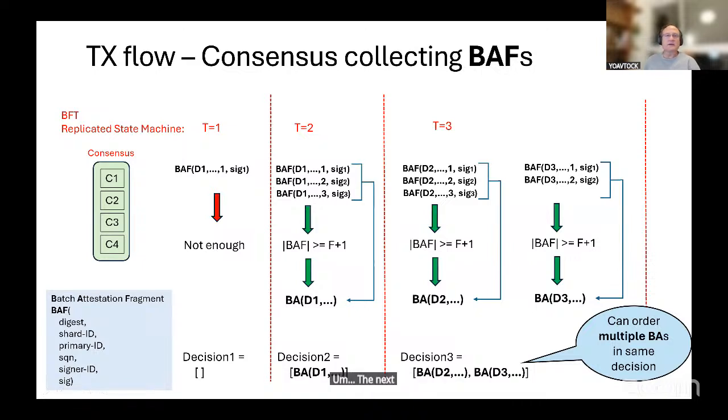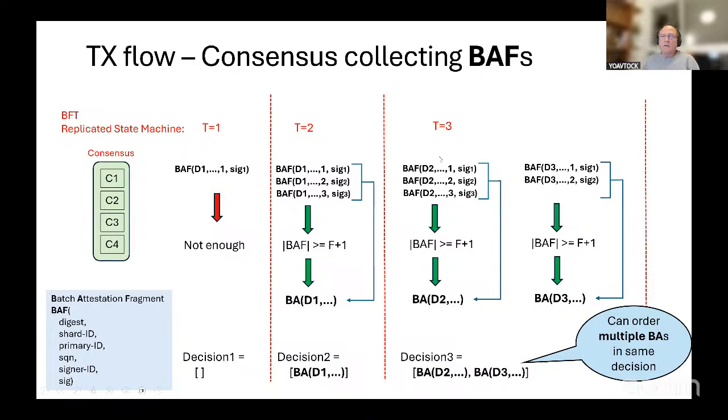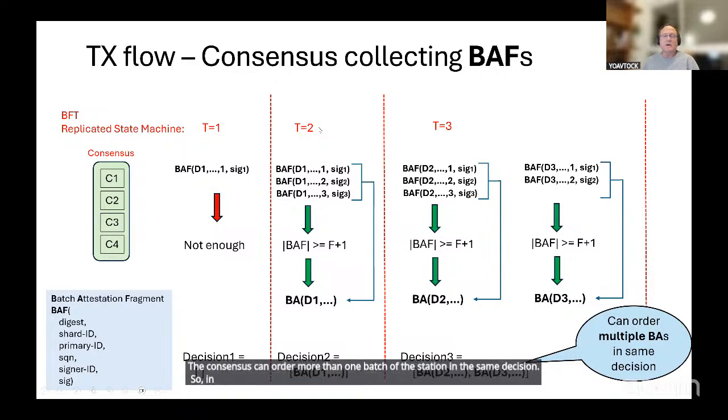The next stage in the transaction flow is to... I mean, what I want to say here is that in each stage in the transaction flow, the consensus can order more than one batch attestation in the same decision. So in step number 2, there was only one.